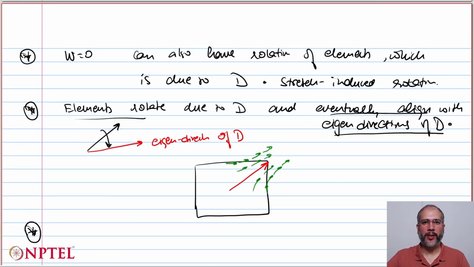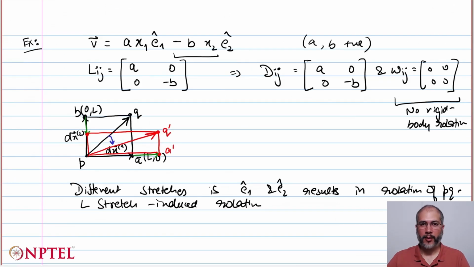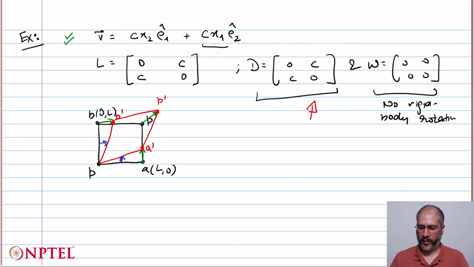Now one more thing which we noticed was, let us go back to the examples and have a look. For the first example, our D was diagonal, that is it did not have any off-diagonal terms, so elements were purely stretching. And for the second example, our D was purely off-diagonal, so elements were purely shearing.